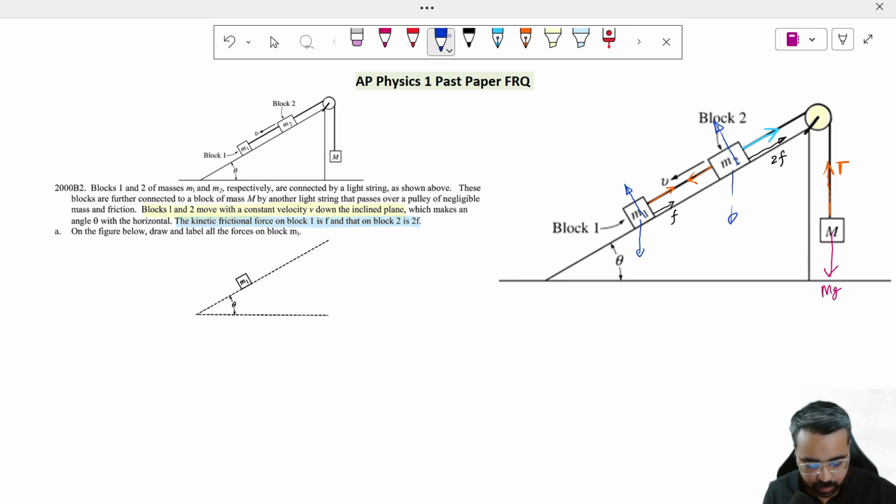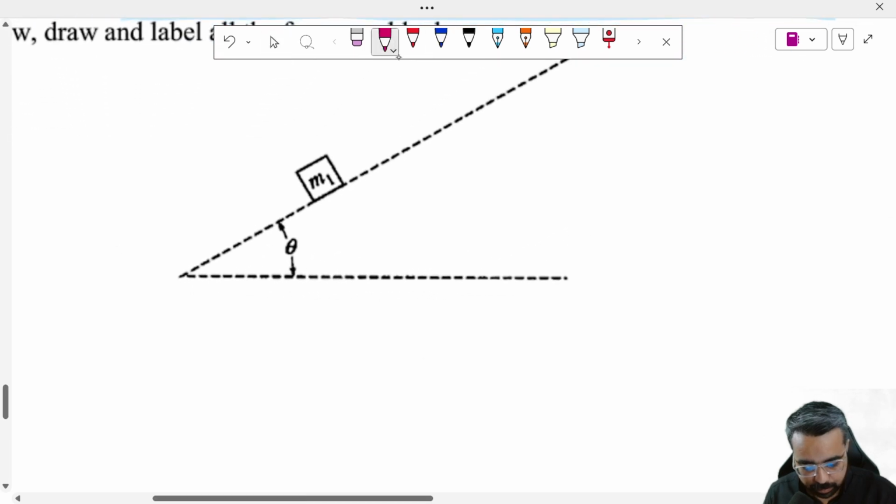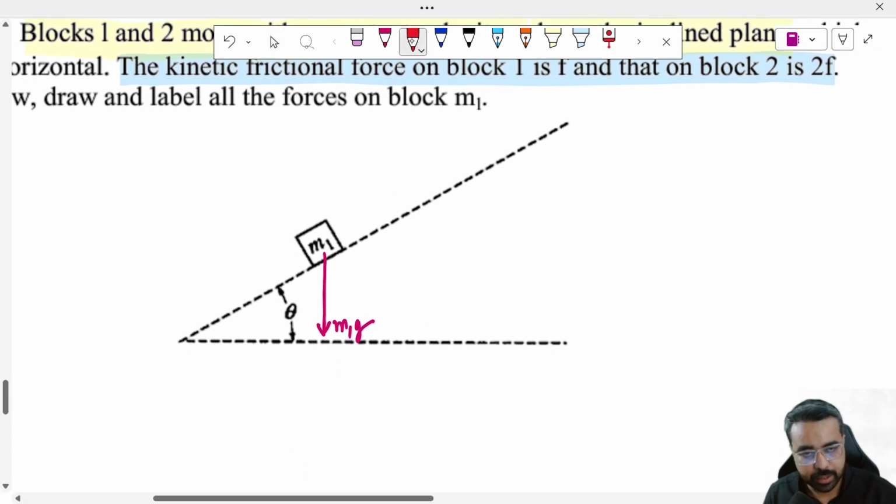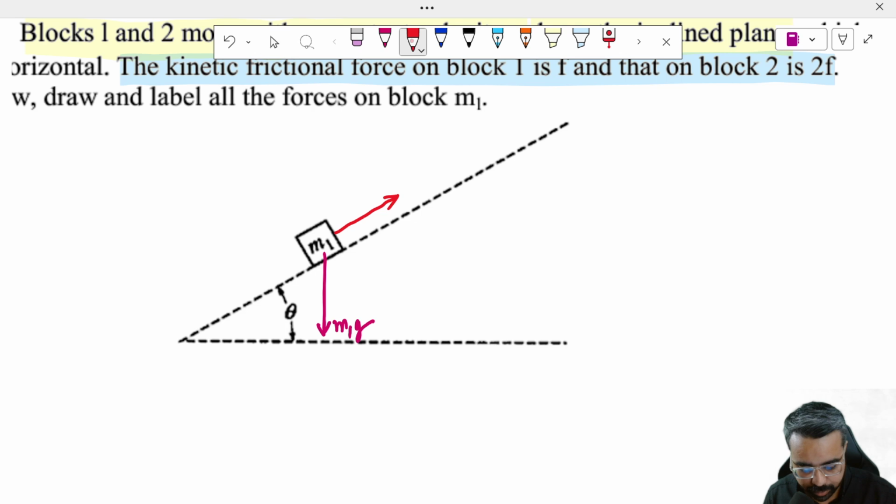Now for the first question, draw and label all the forces on block M1. Students, as you see, it is moving with constant velocity. The weight is always exerted vertically downward, so that is one force, M1g. It is attached with a string, so this is the direction of the force of tension.